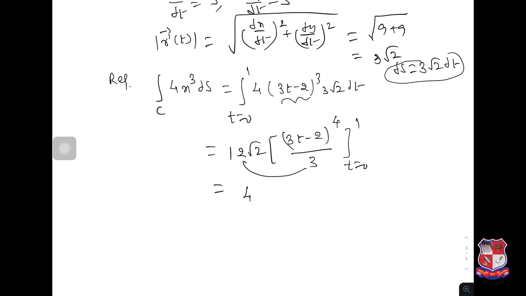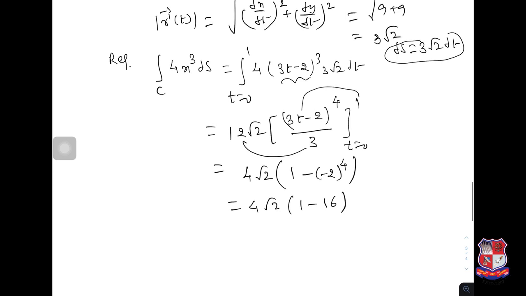So this is 4 root 2, and if I put t equal to 1, this is 3 - 2, so this is 1, and if I put t equal to 0, so (-2)⁴, and so this is 4 root 2 times (1 - 16).